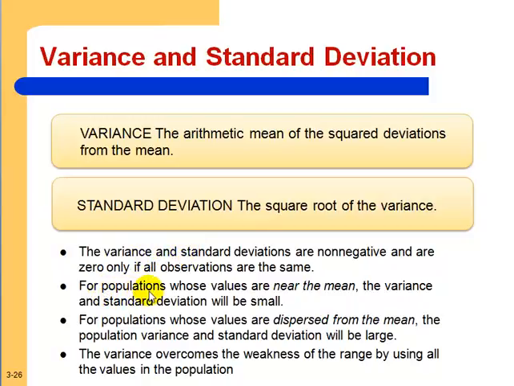For populations whose values are near the mean, the variance and standard deviation will be small. For populations whose values are dispersed from the mean, the population variance and standard deviation will be large. Variance overcomes the weakness of the range by using all the values in the population.